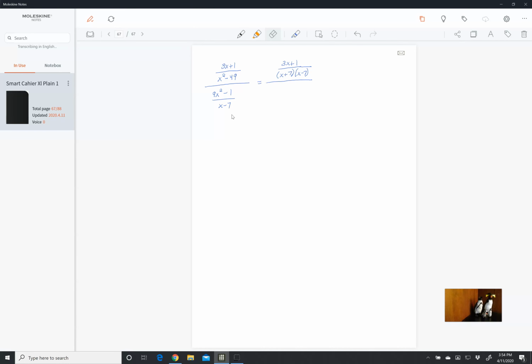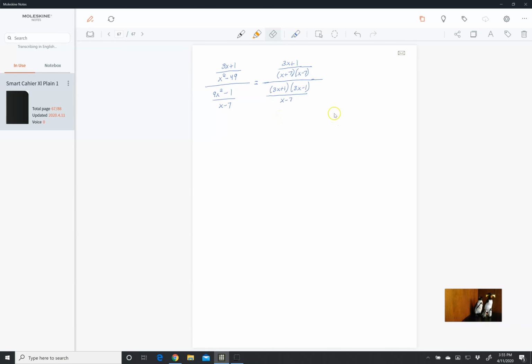Now 9x squared minus 1 is also a difference of squares, so that can also be factored as 3x plus 1 times 3x minus 1, over x minus 7. And this middle fraction bar, I like to just make a little bit longer so that it's really clear what the different fractions are. So just be aware of that. In fact, I'm even going to move this equal sign over a little bit. Okay, so we have this numerator, and here's our denominator.